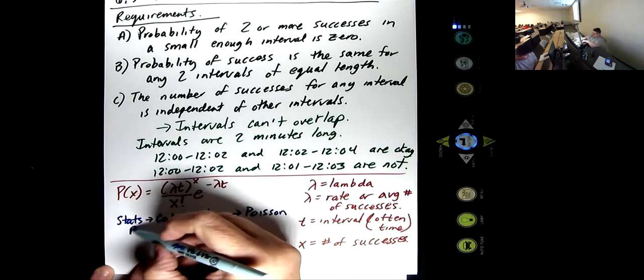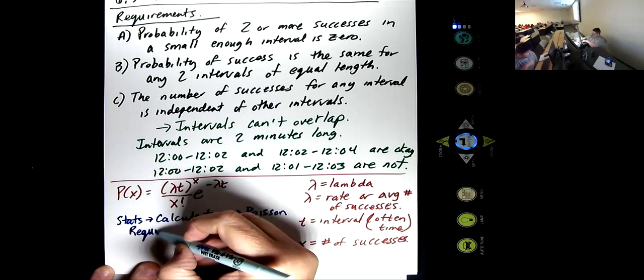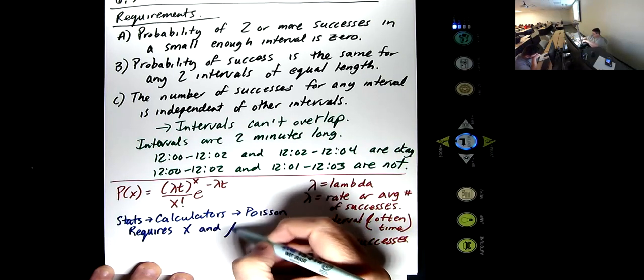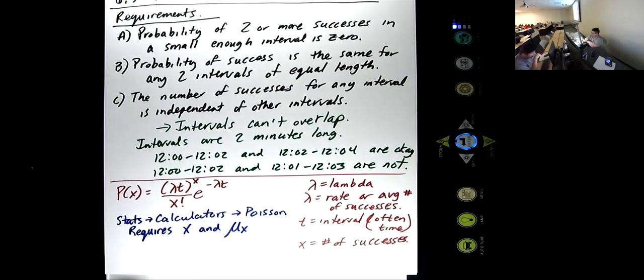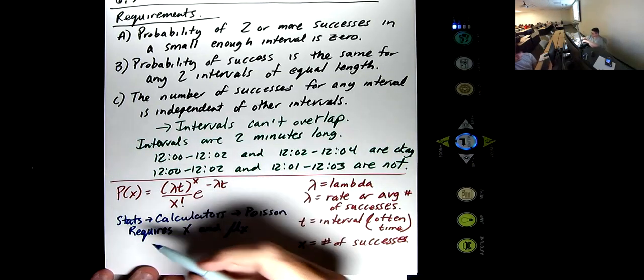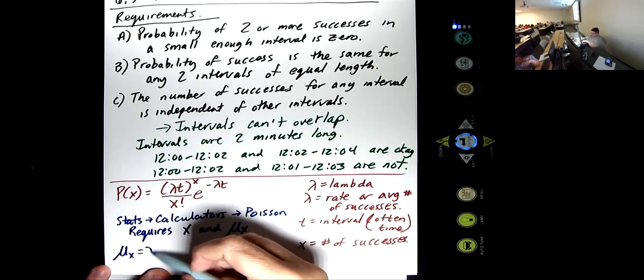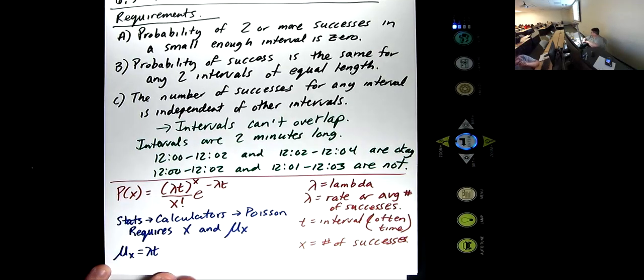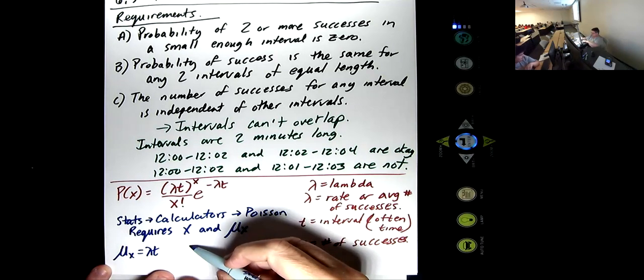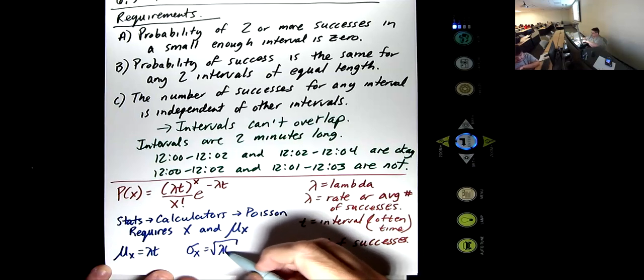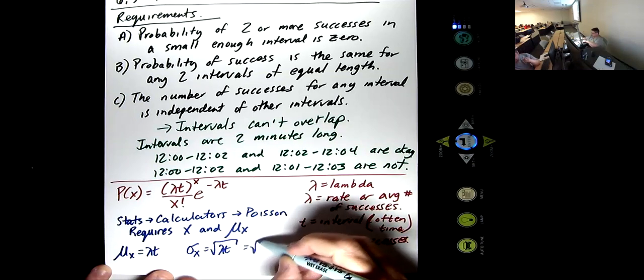This requires x and mu of x. So I need to tell you what mu of x is. The mean is lambda times t. Standard deviation is pretty easy. It's the square root of lambda times t, or the square root of the mean.